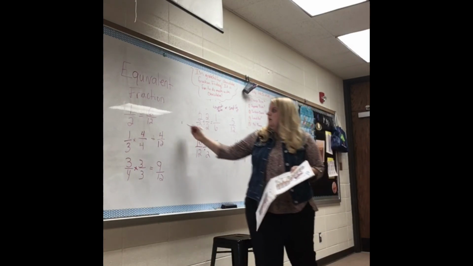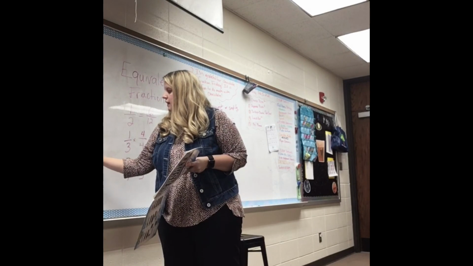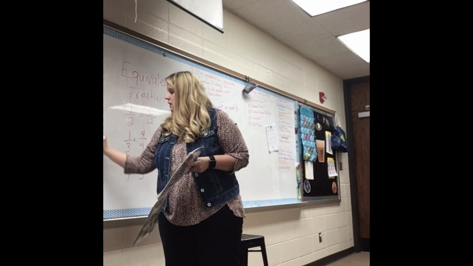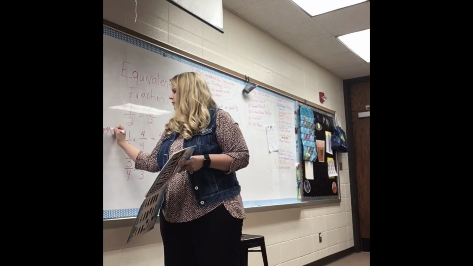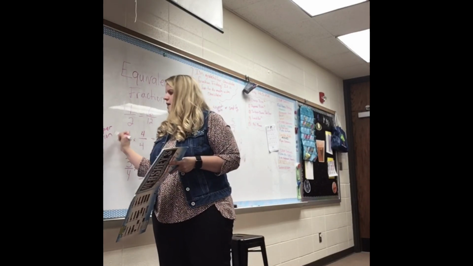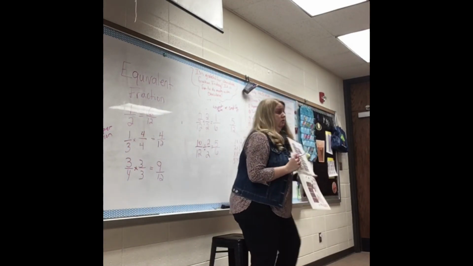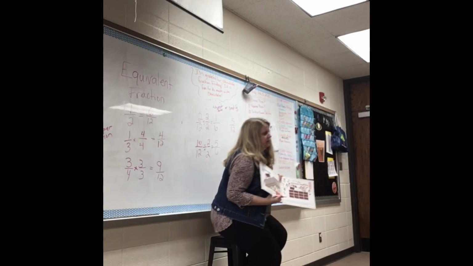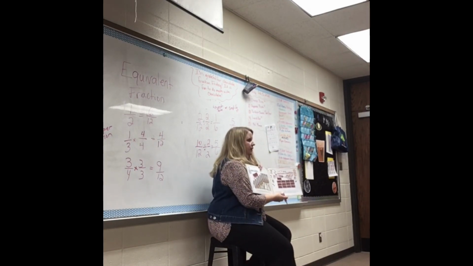So when the top number is bigger like this, it's called an improper fraction. It doesn't follow the rules. It's improper. It doesn't know its manners. Right? Because what's supposed to be on the top? 12. But this one's way big, way down the denominator.